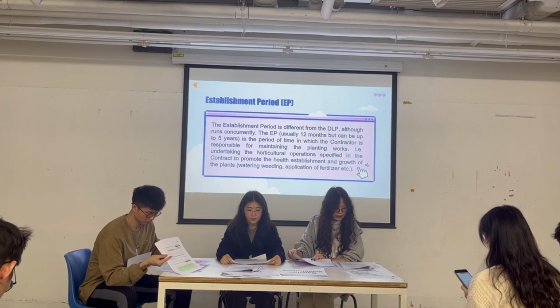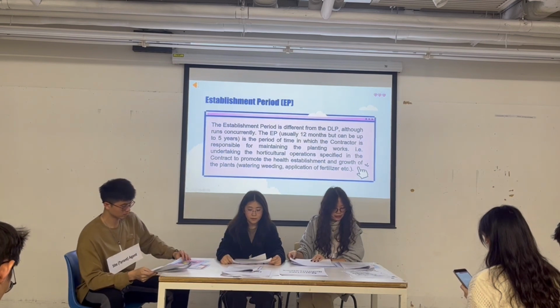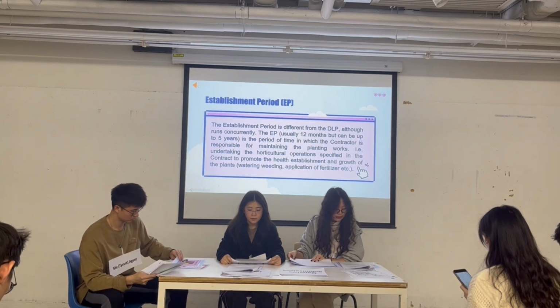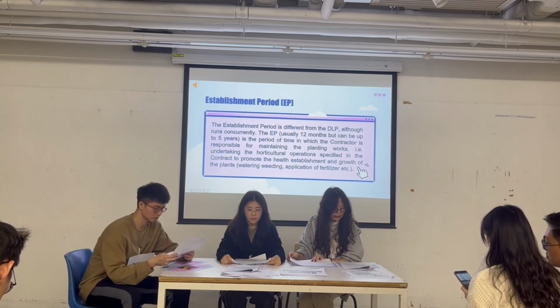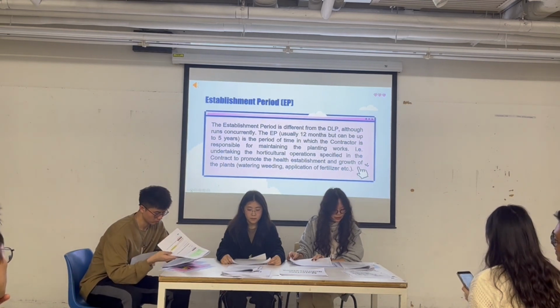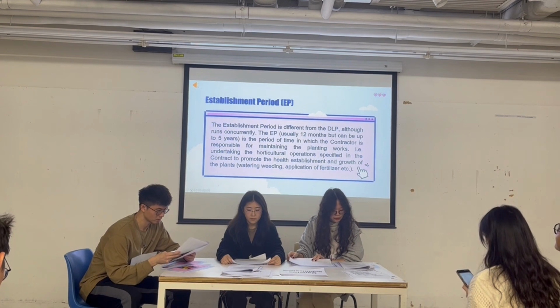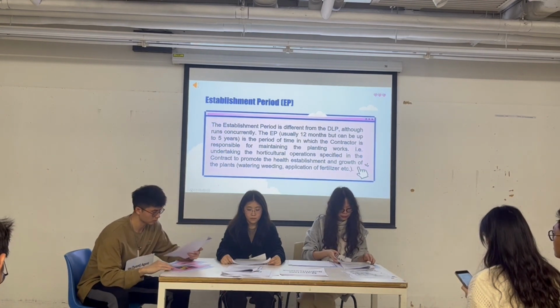And the EP is the duration for newly planted vegetation to become fully self-sufficient. Contractors maintain and care for the plants during this period until they reach maturity, after which maintenance responsibility usually shifts to the property owner or a hired team.